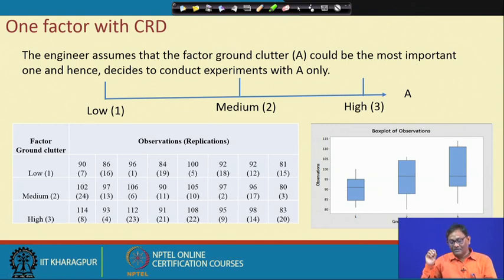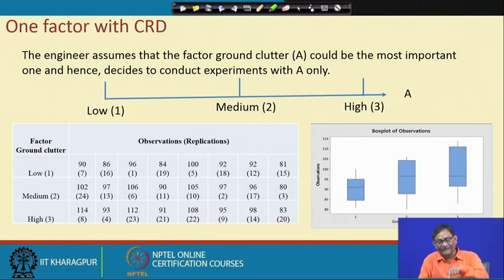Please remember, this is not the correct one, because first of all only two factors we have considered, and secondly only one noise or uncontrolled factor, operators, is also considered, and we have simplified this here further with one factor only. It is to let you learn how you will do a one factor completely randomized design.